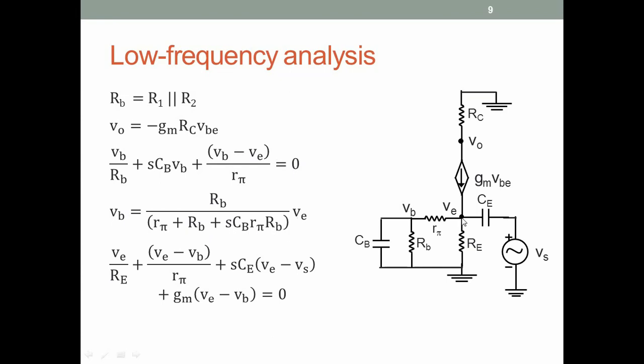At the emitter node, we have four terms, 1, 2, 3, 4. So VE minus VB by R pi, plus VE by RE, plus SCE VE minus VS, plus GM VEB, which we make VEB, it becomes plus. So we have four terms. So we write an equation for VE, VB, and VS will go to the right hand side.